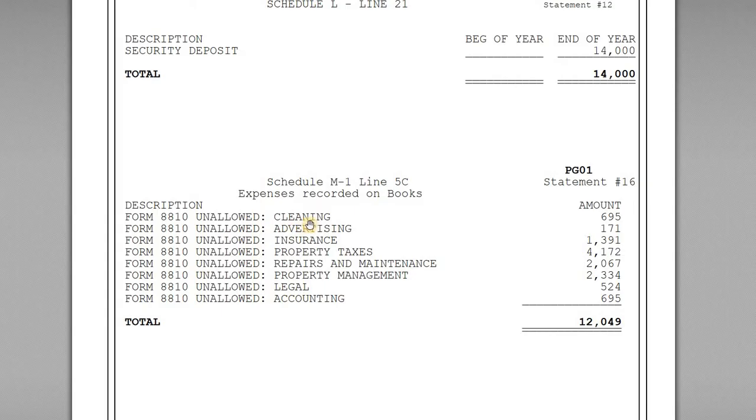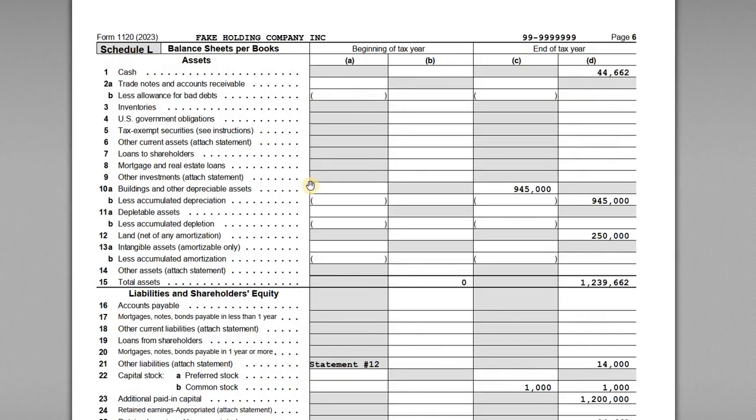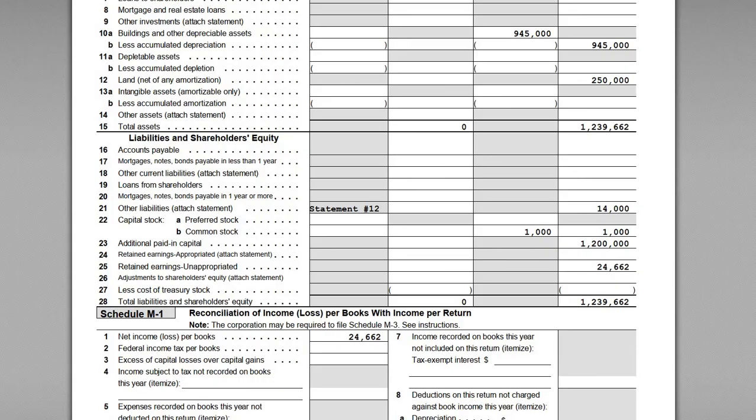So we've got the Form 8810 unallowed for each item, and then the same goes for the depreciation. So the total amount of depreciation that was available is the $119,907, and then the unallowed depreciation of $83,196. So the net amount that's actually being deducted is the $36,711. Okay, so that covers all of those numbers.